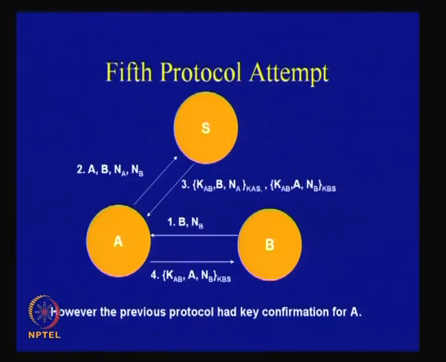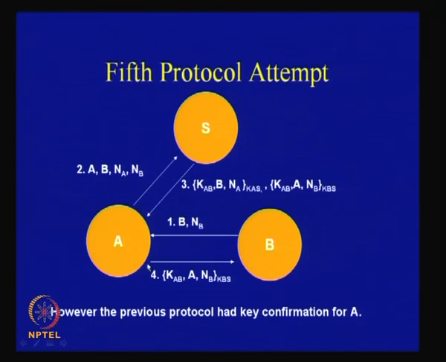So we need to change this protocol slightly, and the change is as follows: A communicates to S: A comma B comma NA comma NB, and S communicates to A this message, that is KAB comma B comma NA encrypted with KAS, and the other part is KAB comma A comma NB, which has been encrypted by KBS. Now when A obtains this first part, it can decrypt it by using its long term key and obtain the session key KAB.